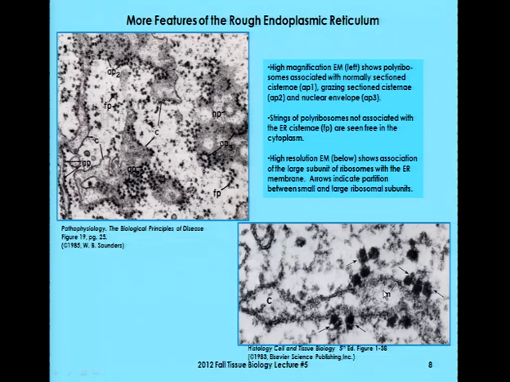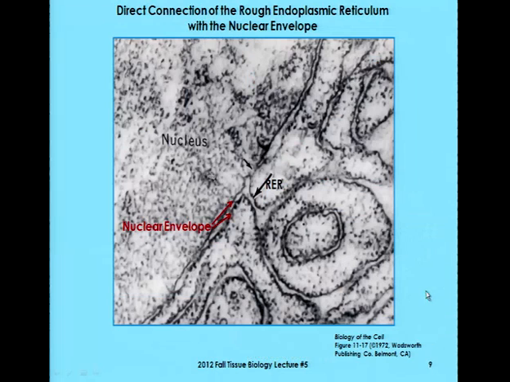In the micrograph to the lower right is a high-resolution micrograph showing the attachment of the large subunit of the ribosome to the membrane of the ER. And then, in addition, the micrograph is showing a partition between the small and large subunit of the ribosomes. Here we're seeing a direct connection of the rough ER with the nuclear envelope.